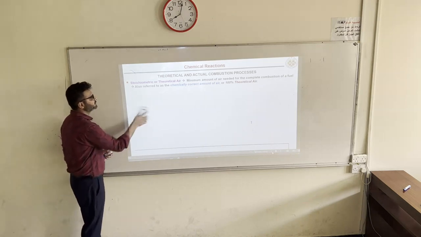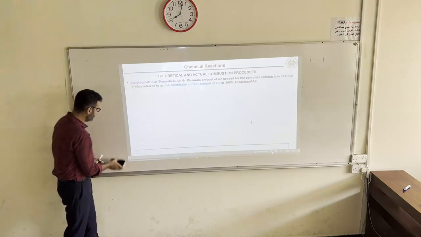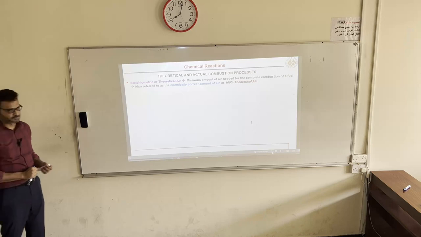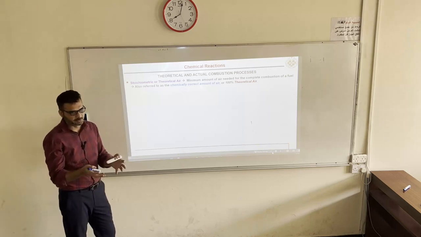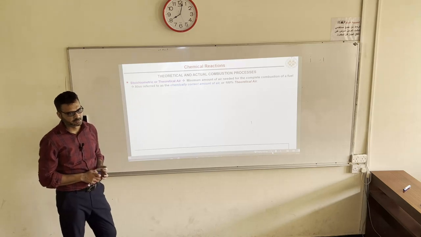Now we know what complete combustion is and what incomplete combustion is. The minimum amount of air required to completely burn the fuel is called stoichiometric or theoretical air.